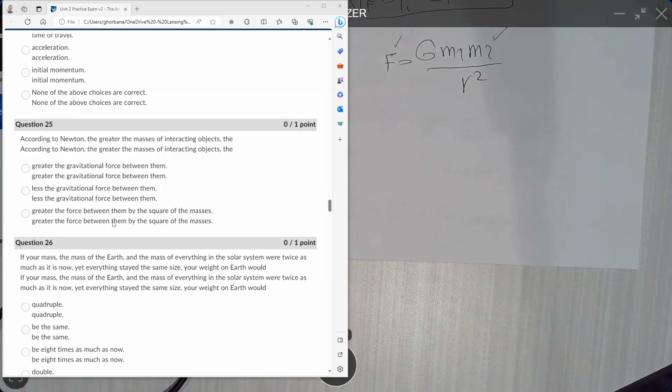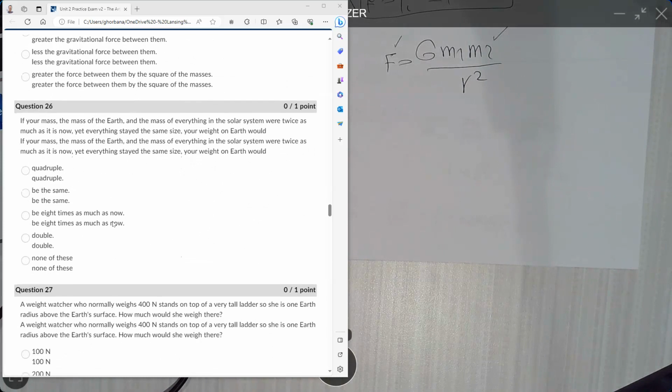If your mass, the mass of Earth, and the mass of everything in the solar system were twice as much as it is now, yet everything stayed the same size, your weight on Earth would be... If everything is going to be the same size, what happened?